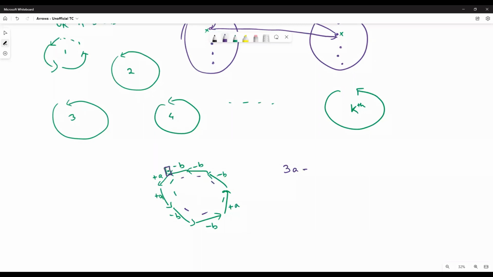So 3A minus 5B must be equal to 0. And what is 3 here? 3 is the cardinality of A in this cycle.